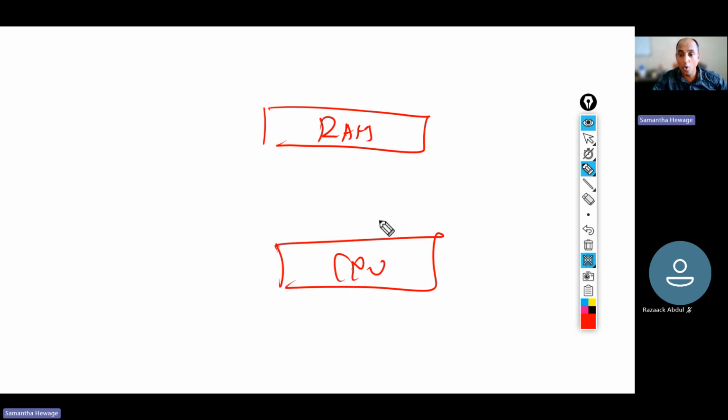There's a core relationship between these two, the RAM and the CPU. This relationship was introduced by the concept called the von Neumann architecture. Von Neumann is the person who introduced this system to the world. He gave it the name stored program concept.